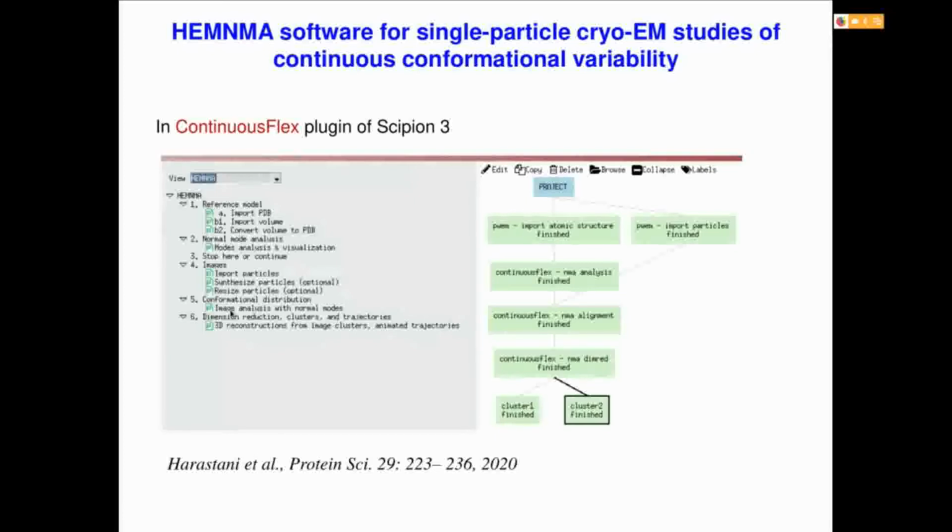Then once you prepare the images, you perform image analysis with the selected normal modes that you first, of course, had to analyze at this point. So you will see how this analysis should be performed. And at the end, you can reduce the dimension of the space, make some grouping of images, reconstructions, and animations.